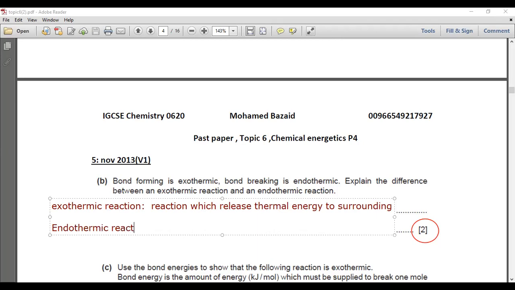Endothermic reaction, the energy which is taken from the surroundings. Taking energy from the surroundings. That's okay?